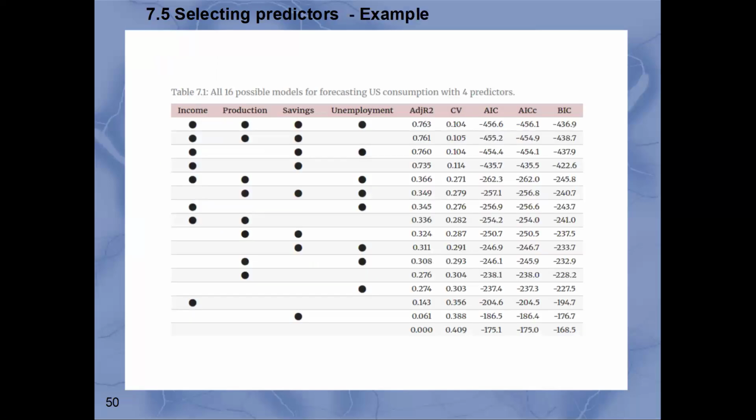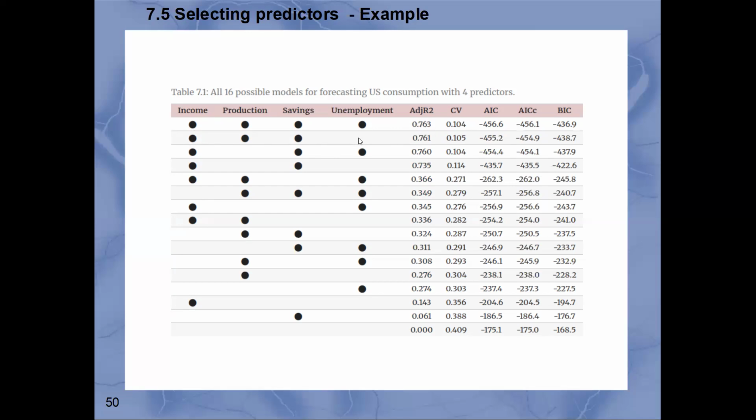So for example, here are 16 possible models for forecasting US consumption with 4 predictors. The predictors are income, production, savings, and unemployment. If we look at the adjusted R squared value, we want the highest number. If we include all of these predictors, we get the highest value.